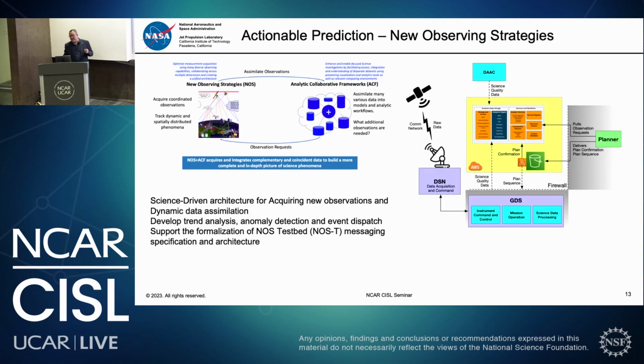The other part the AST is looking at is actionable predictions, or a new observing strategy. Can we use science to help us decide what the next observation is? Let's say we see a fire somewhere. Can we retask some of the instruments to take additional measurements for that location for a certain period of time?